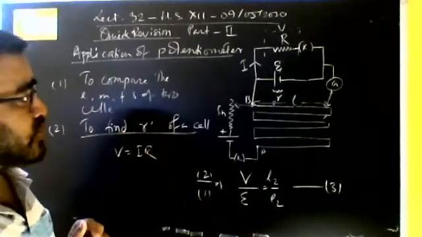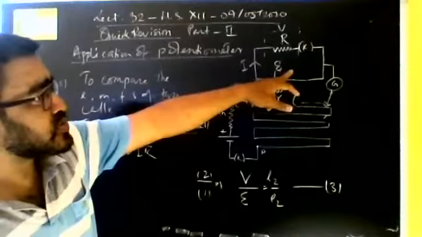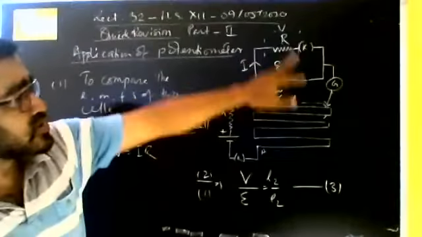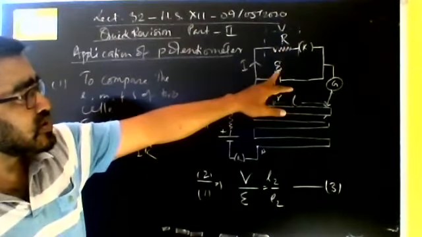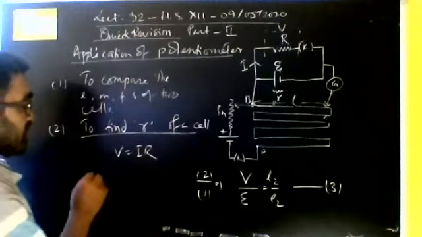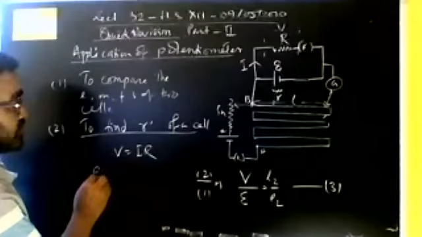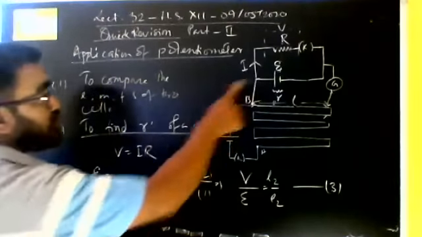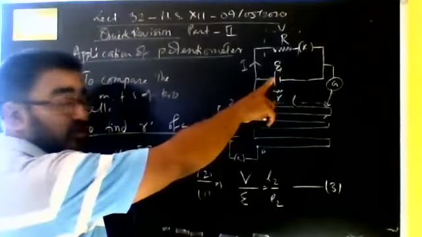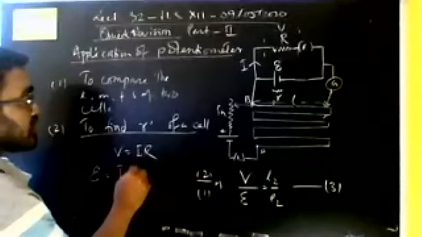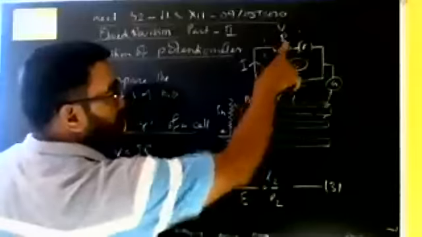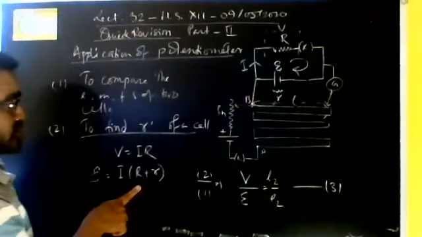According to Kirchhoff's rule, applying the current I through the two resistors R and small r, epsilon is equal to I times capital R plus small r, because the total resistance in this circuit is capital R and small r.